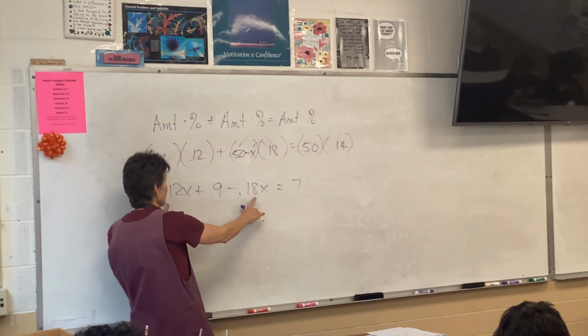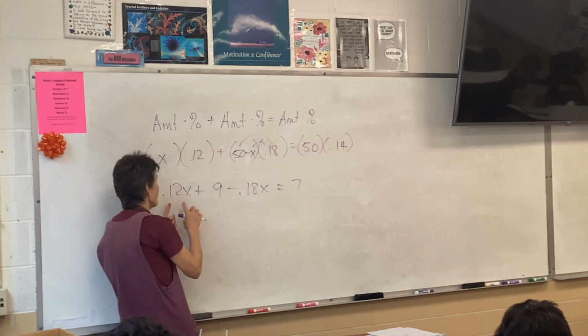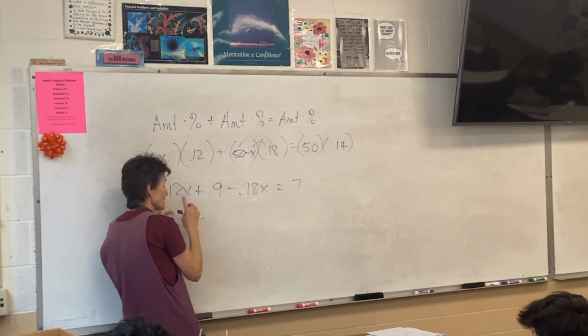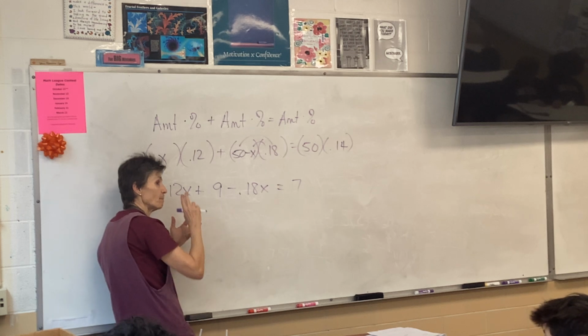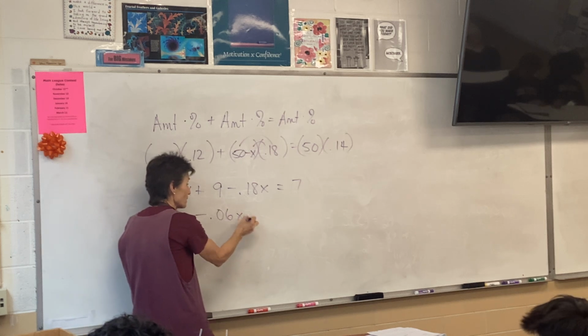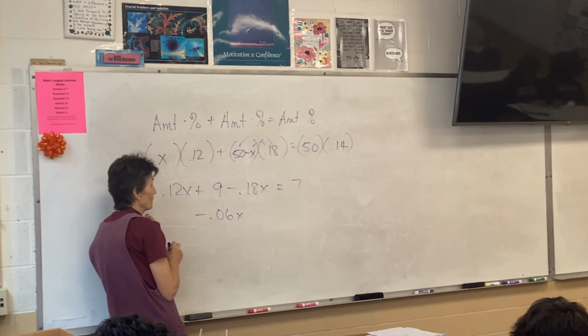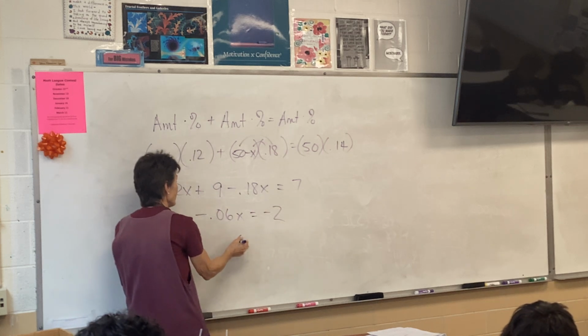Now we need to add these together. Be careful. Again, this sounds so silly, but I know 18 minus 12 is 6, but it's not going to be 6. It's not going to be 0.6. It's going to be 0.06. Equals -2 if I move the 9 to the other side.